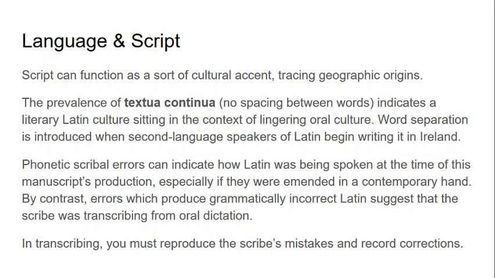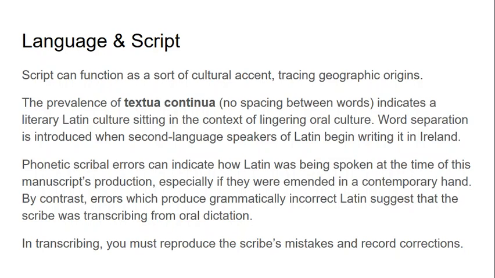They were speaking the language that they were writing, for the most part, with a few small differences. So they didn't need to have spaces to help them identify where one word ended and another began. So when you see a manuscript written in scriptio continua, it indicates that the people who are writing it are Latin speakers.